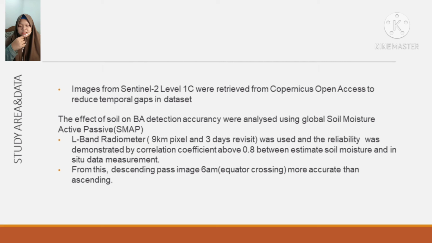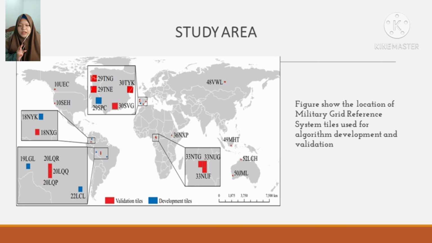From this, descending pass images at 6 am equator crossing are more accurate than ascending. This figure shows the location of the study area using the military grid reference system tiles. It is used for algorithm development and validation. Three locations are from the Amazon Basin and one from the Iberian Peninsula.